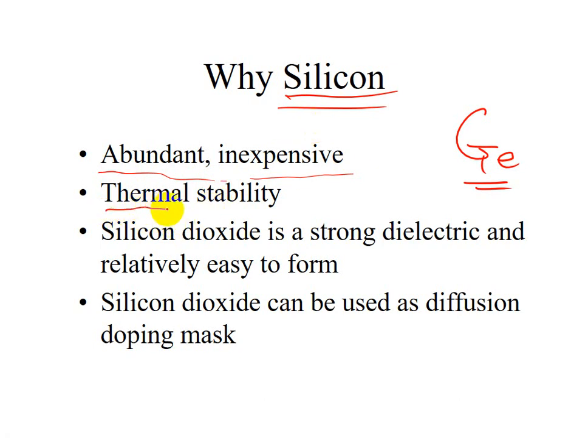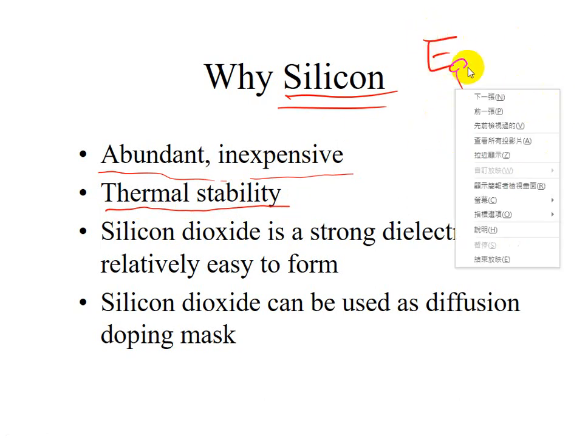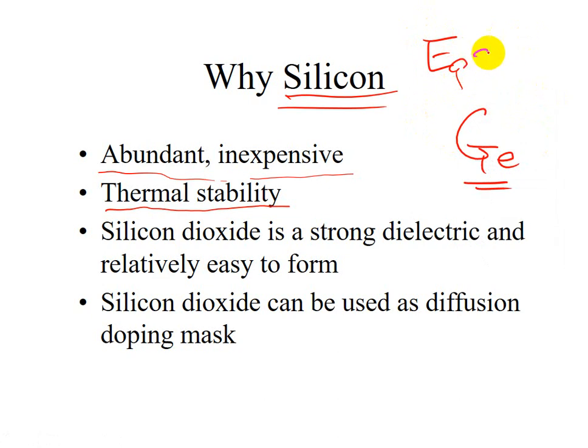Second, we'll talk about the thermal stability. Because silicon easily forms silicon dioxide. Silicon dioxide has an energy gap of somewhere around 8 electron volts.